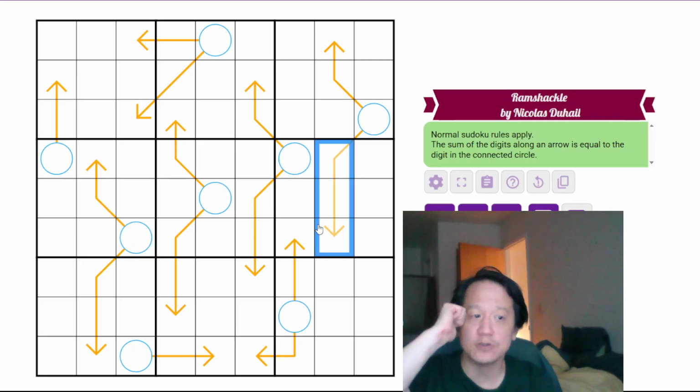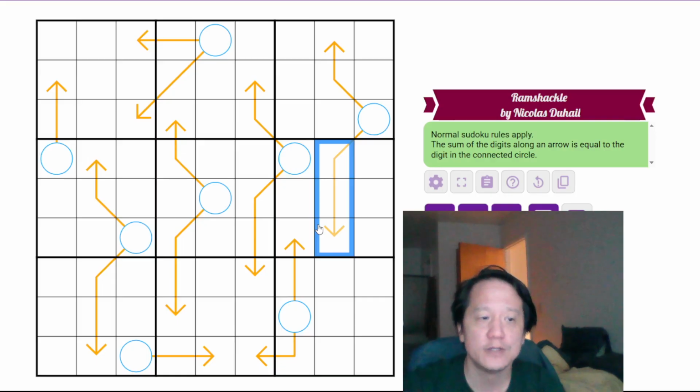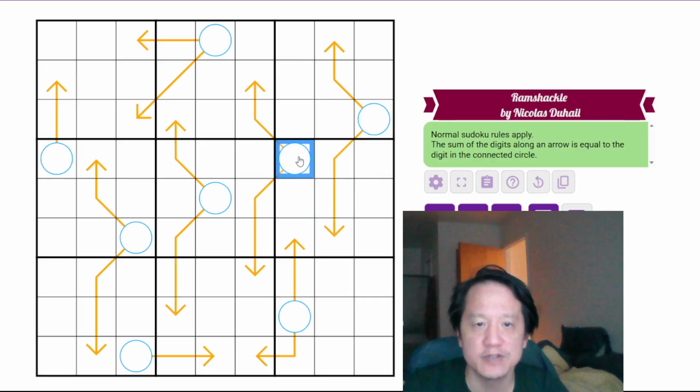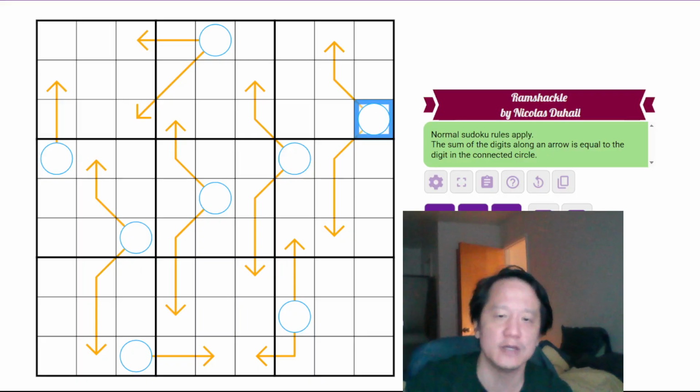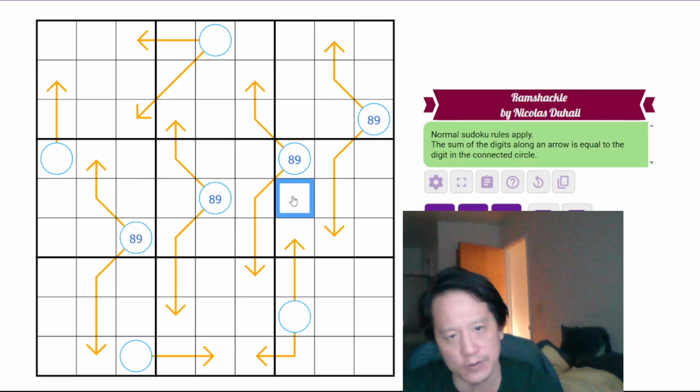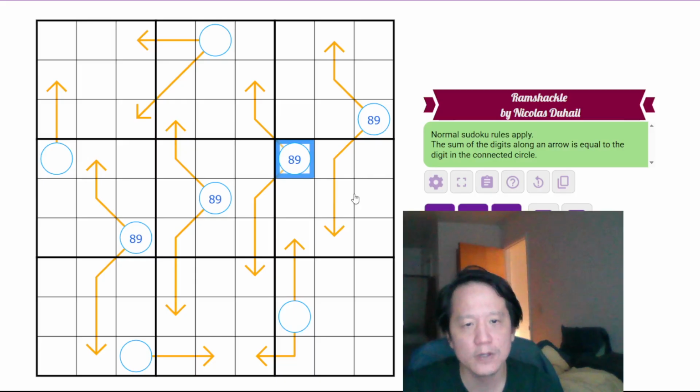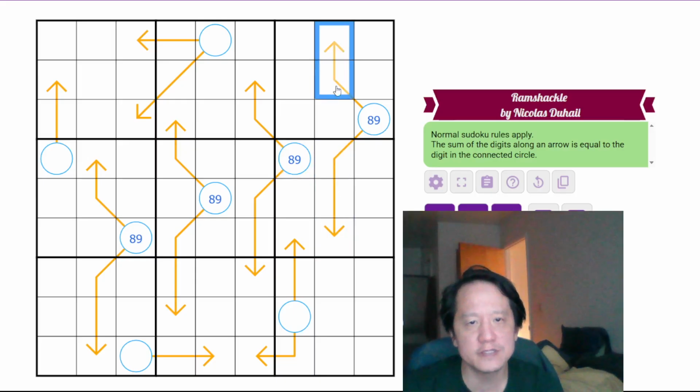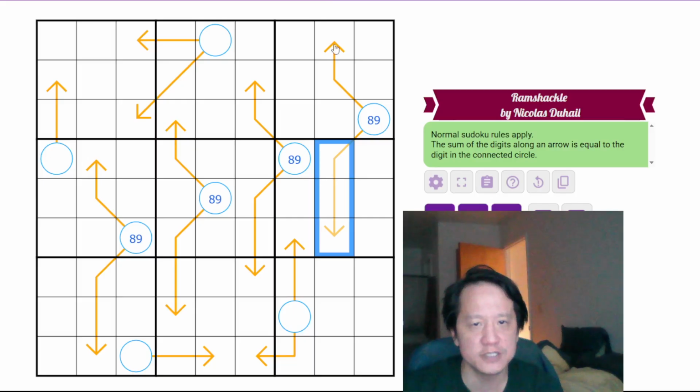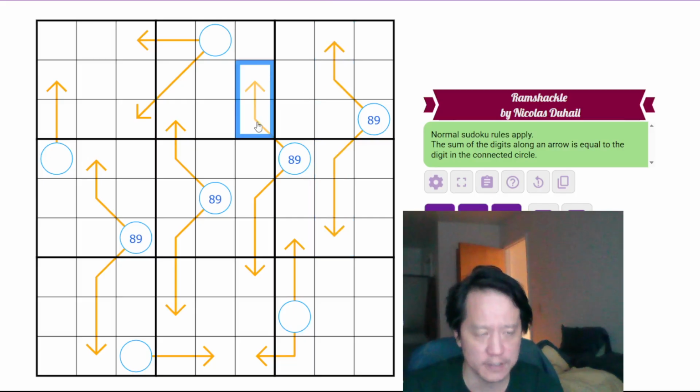Now that is going to be greater than 7 doubled, so none of these can be 7. So this has to be 8 or 9 here, guaranteed for all digits that follow that pattern. That means these sum up to either 16 or 18.